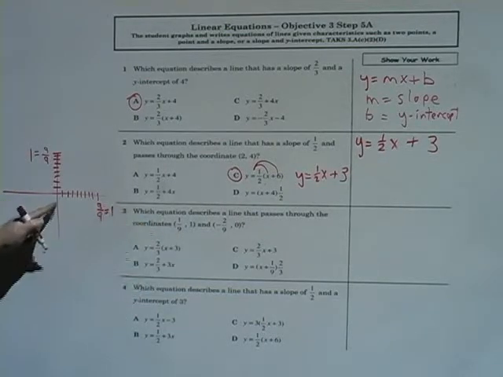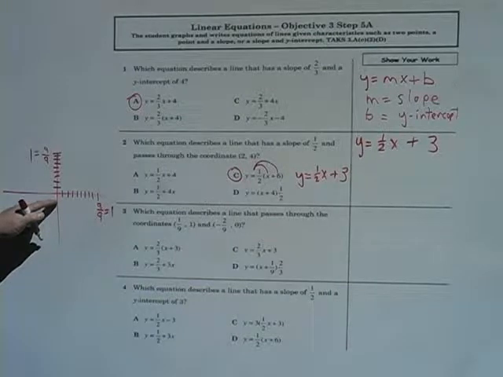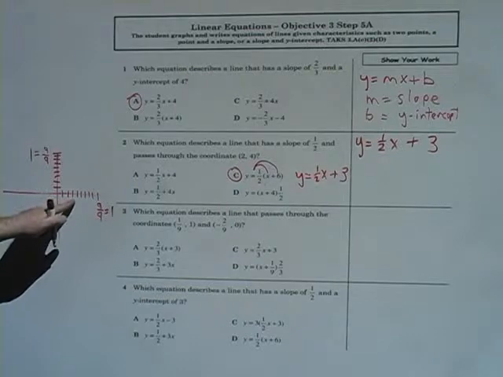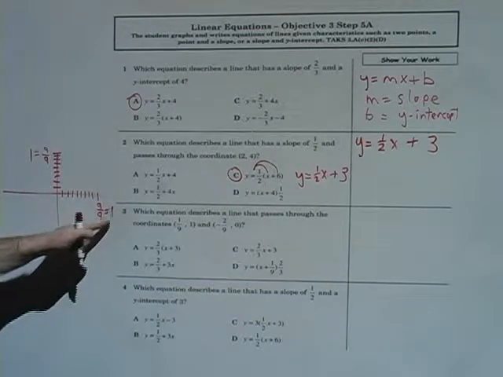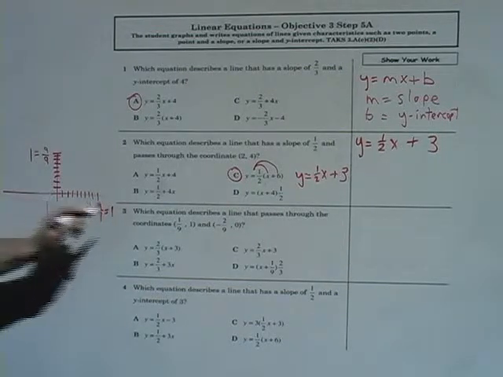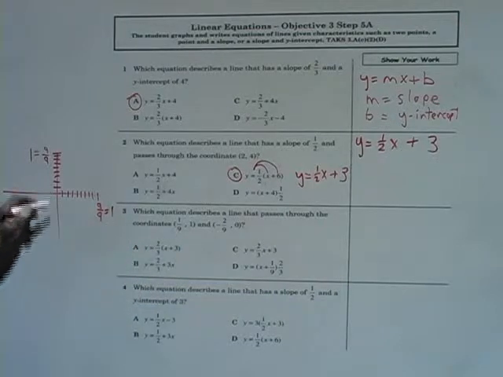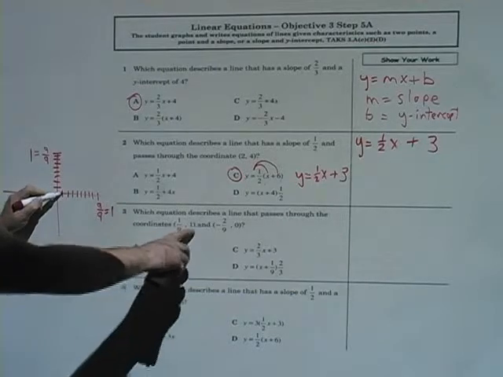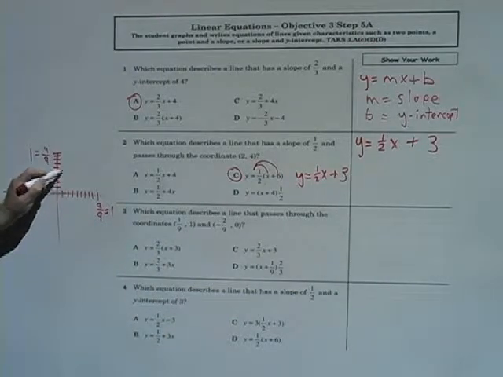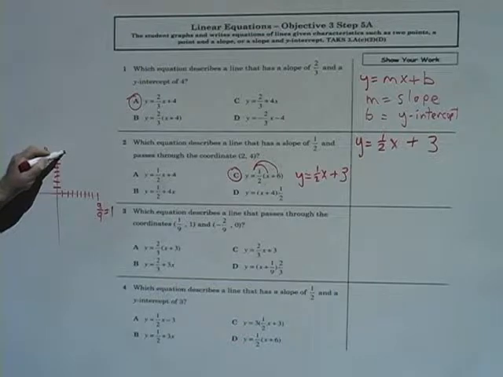1/9 would be right here. Now this is still 0. This would be 1/9, 2/9, 3/9, and so on, until we get to 9/9, which is 1. So this point, 1/9, is right here for the x, and then the y is 1, so we need to go all the way up to 9/9, which is 1. So that's that point.